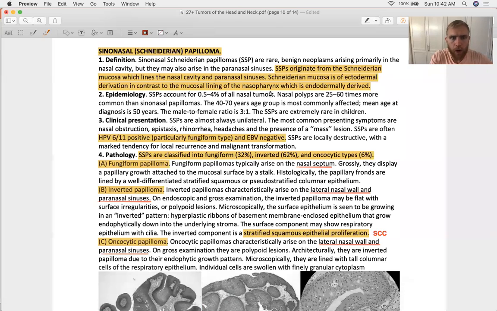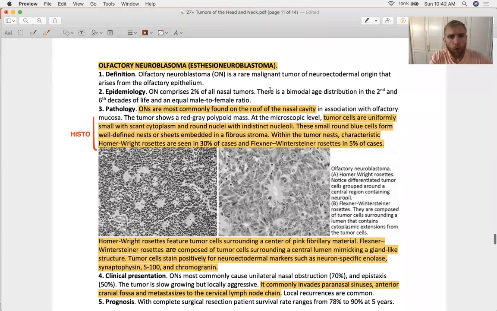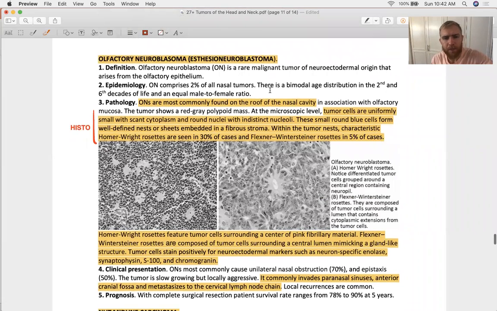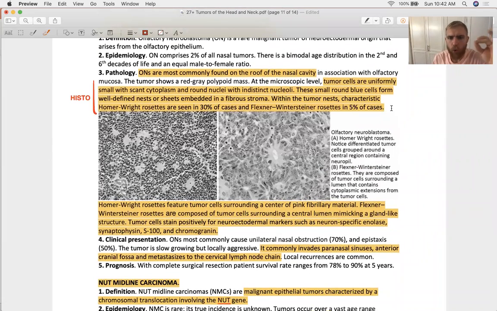Let's move to olfactory neuroblastomas. I could see the question here coming like, what tumor presents similarly? Or what other tumor stains similarly, because it gives you some stains like NSE, synaptophysin, S100.